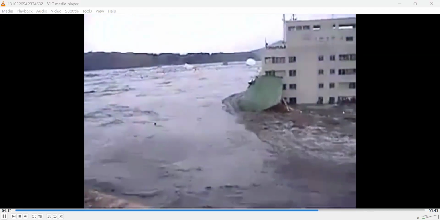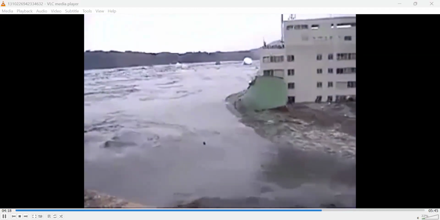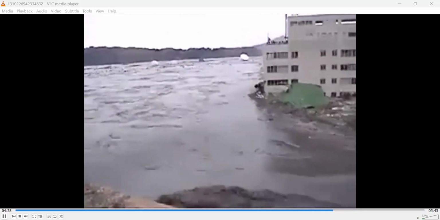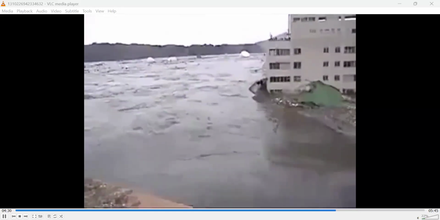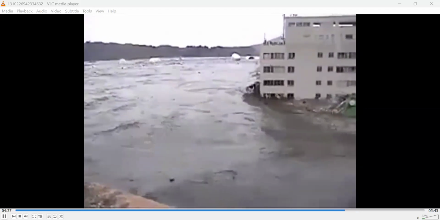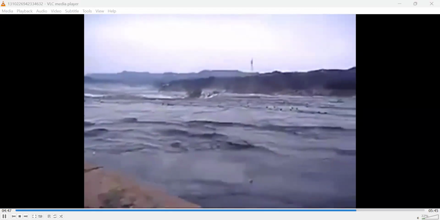So this may be the effect when the water level rises to a particular level, which we call the elastic limit. This is what always results in it. But they can also build walls to prevent it, so that when water is coming, it will bounce back. But that was not taken into consideration in this process. And to tell you, the whole town was destroyed.